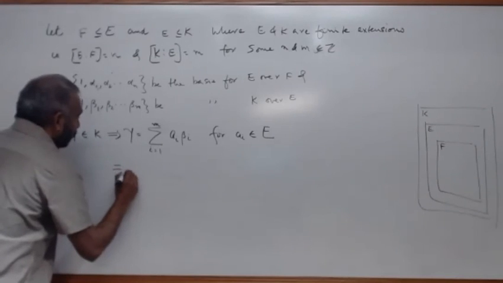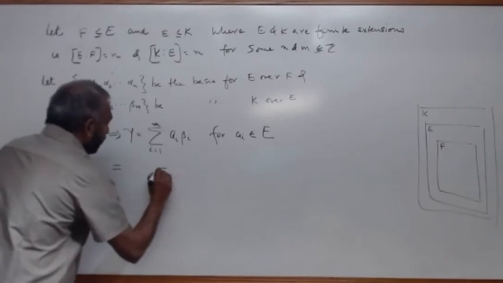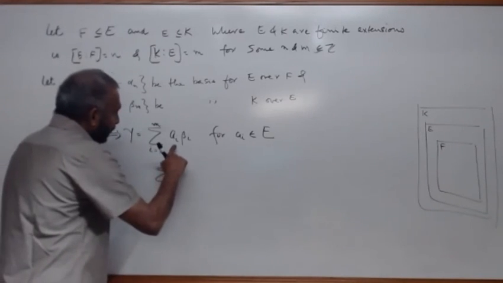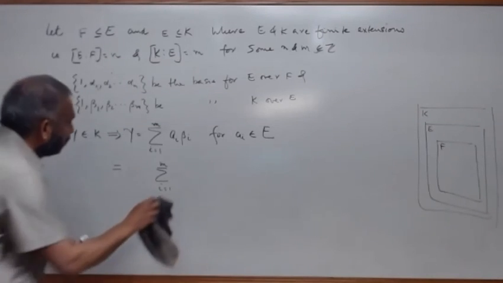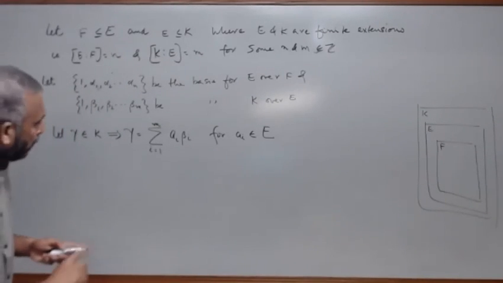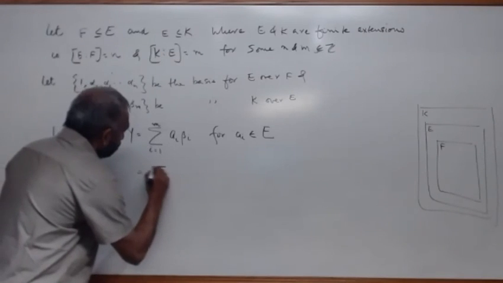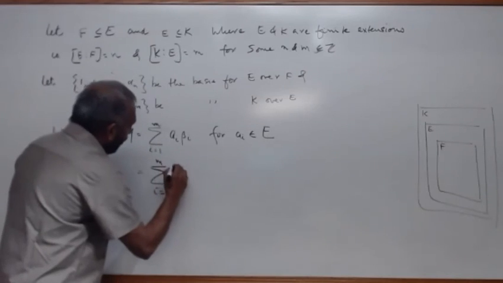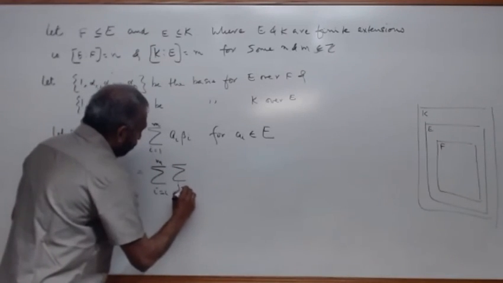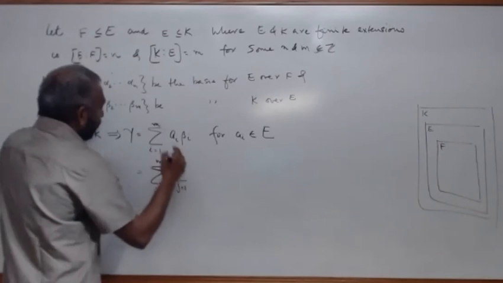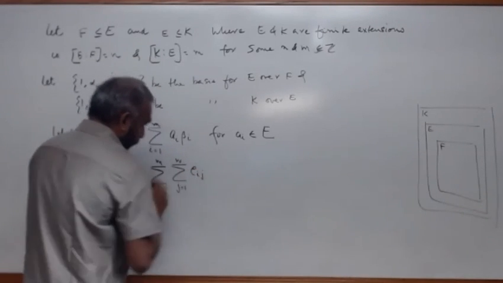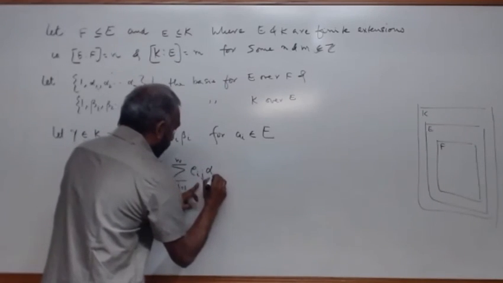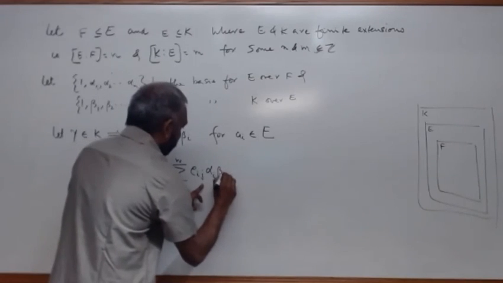So this is actually equal to the sum for i equal to 1 to m, where each a_i can be written as the sum for j to n of c_ij alpha_i beta_j.